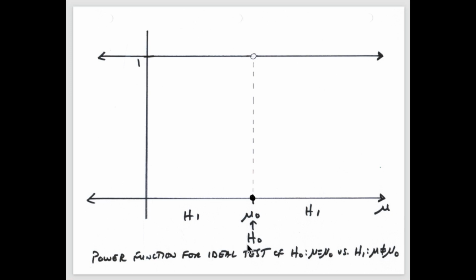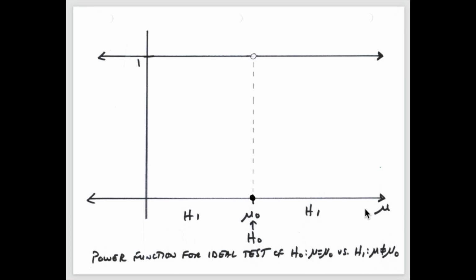So I'm using the notation here, H0, with this arrow to indicate that this is where the null hypothesis is true, and I'm using H1 over this subinterval, and H1 over this interval to identify the alternative hypothesis parameter space, if you want to call it that. So those are the values of mu where the null hypothesis is not true.